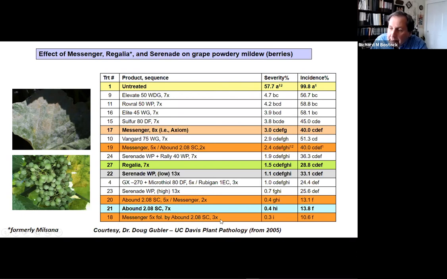But what we've often seen with induced resistance, these plant activators, is that if they're used in combination with conventional fungicides, that seems to be where they have their best niche, if you will. Because using induced resistance is a tricky proposition. Sometimes it works, sometimes it doesn't. And that's been really the issue with using induced resistance in production systems.